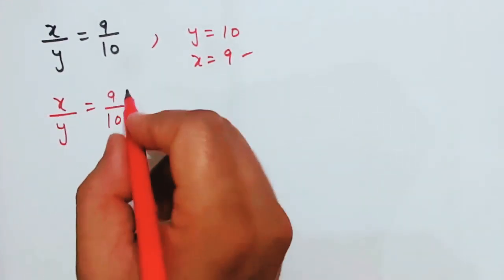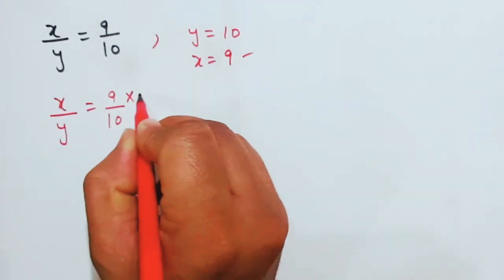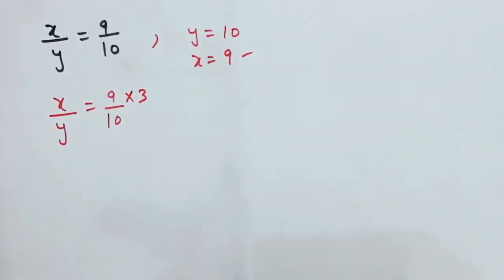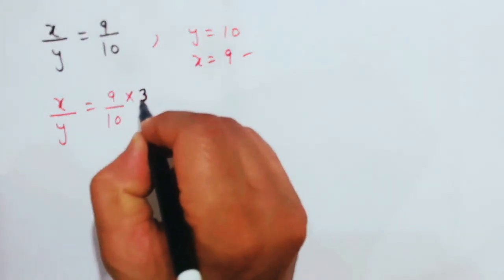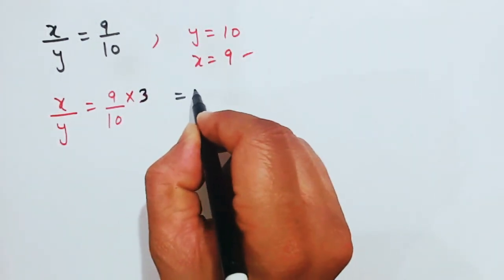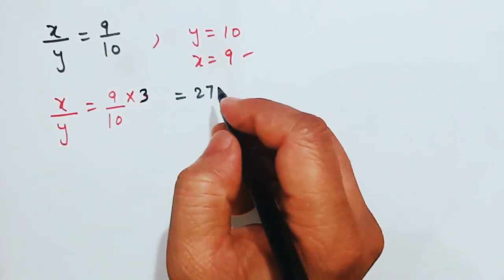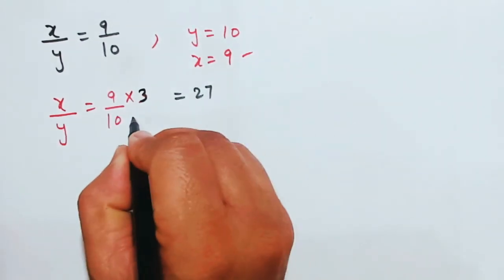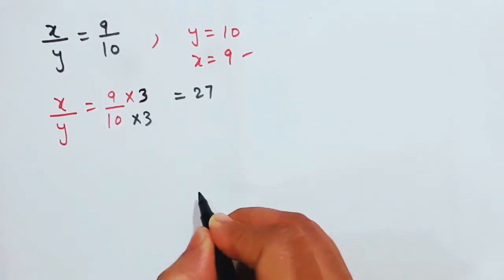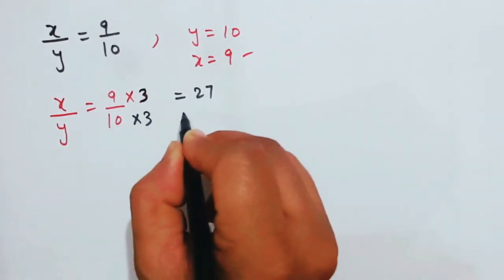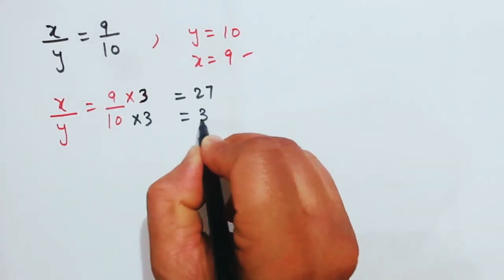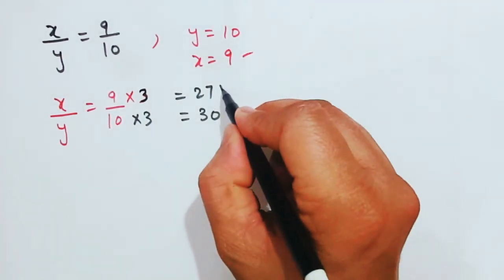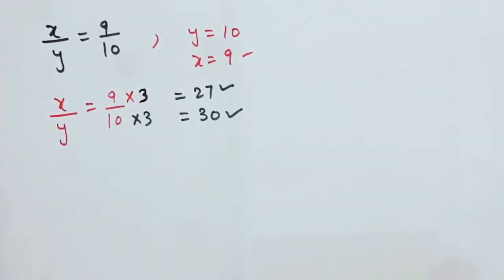So you can make it 27 by multiplying 9 by 3. So naturally, if you are multiplying the numerator by 3, the denominator should also be multiplied by 3. So the value of y will be equal to 30. So when x is equal to 27, y will be equal to 30.